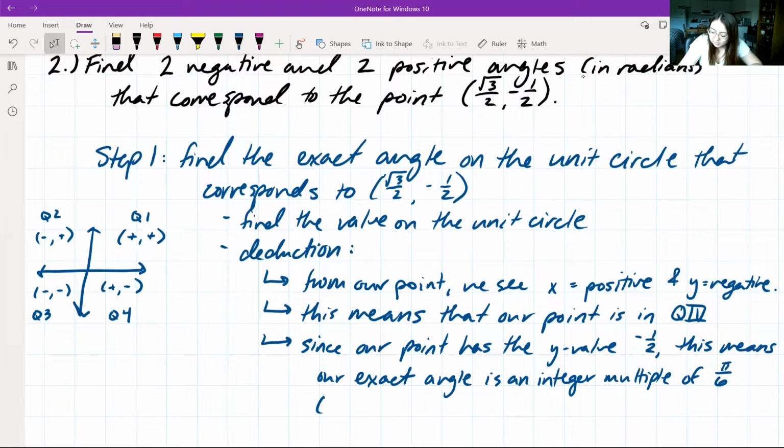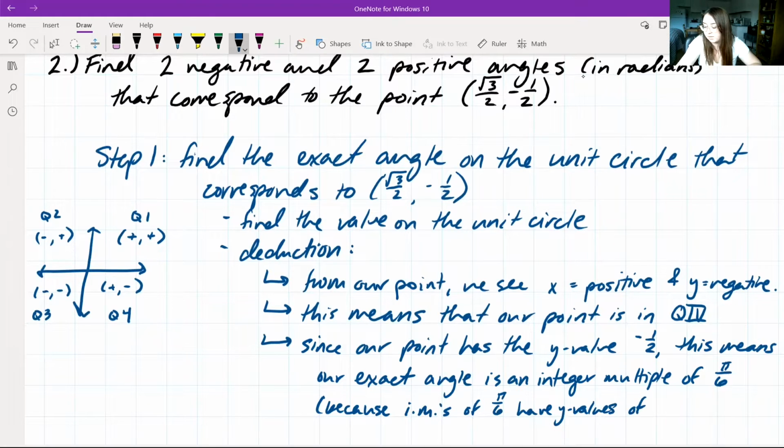And we'll say, because, and we're going to write IM instead of integer multiples, it's just a little bit longer, because integer multiples of pi over 6 have y values of positive or negative 1/2.